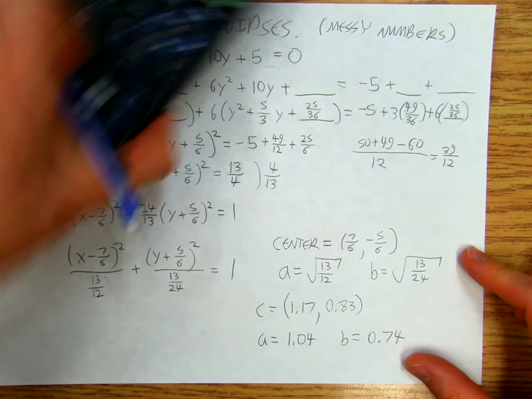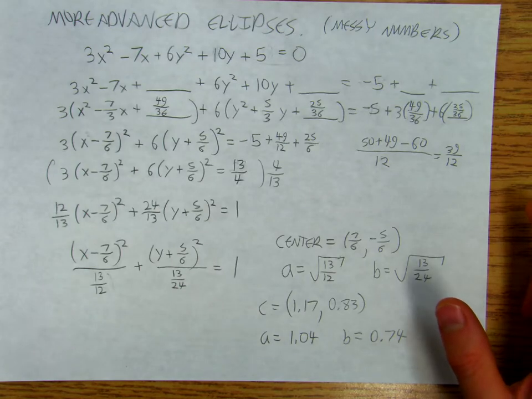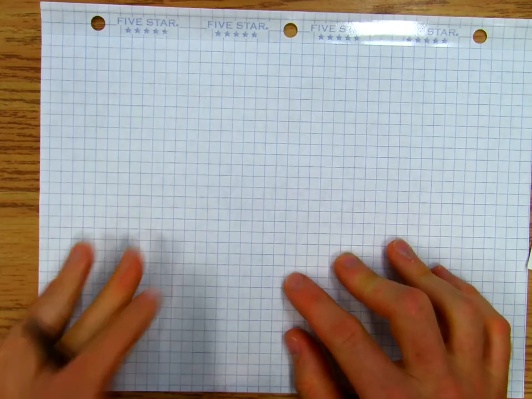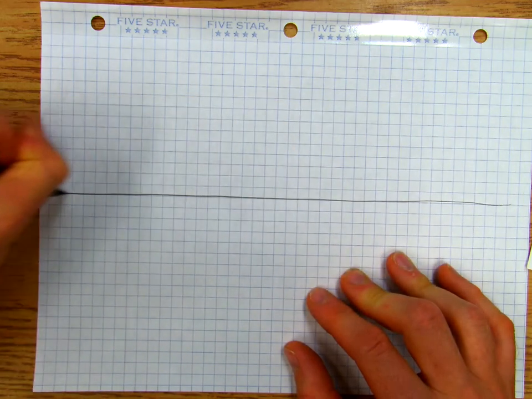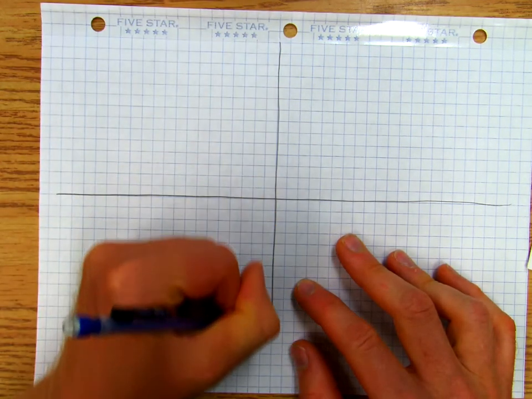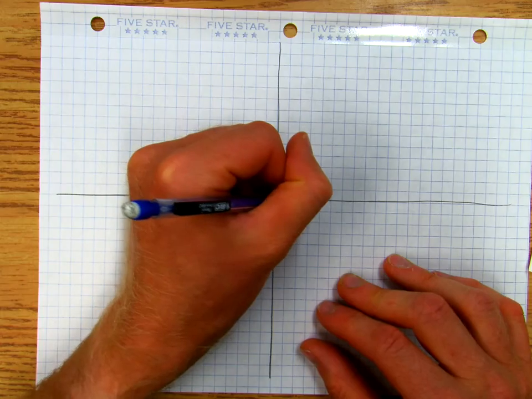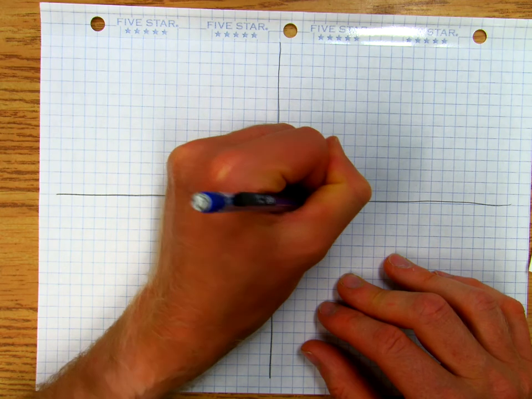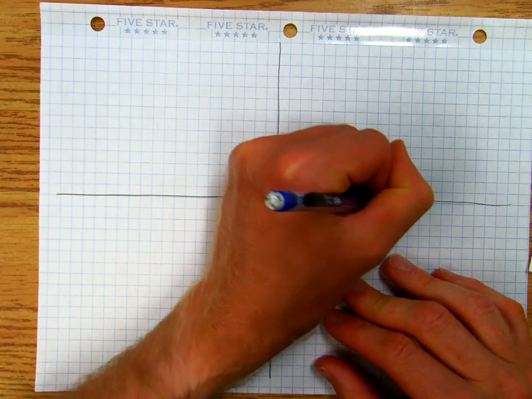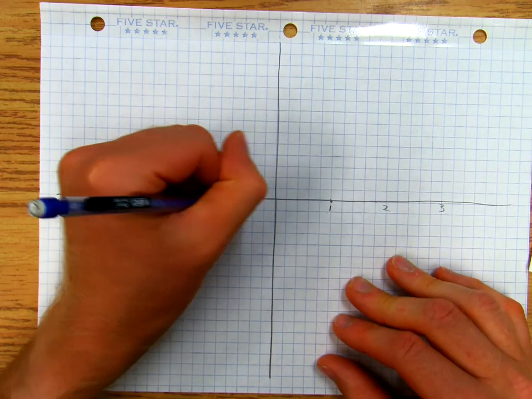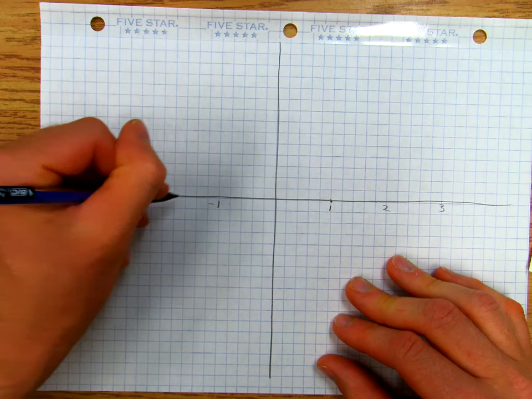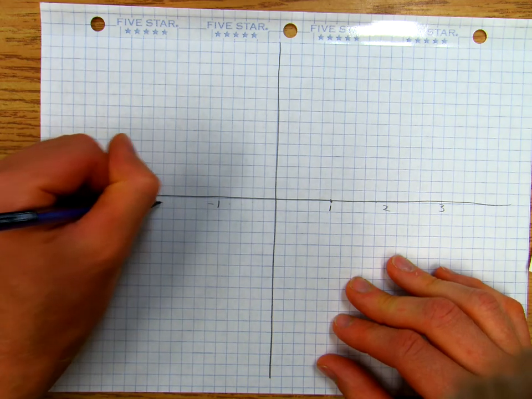And so then, let's just do some graph paper here. I've got a center of, let's just do this real quick. Let's do 1, 2, 3, 4, 5. Call that 1, 2, 3, negative 1, negative 2.